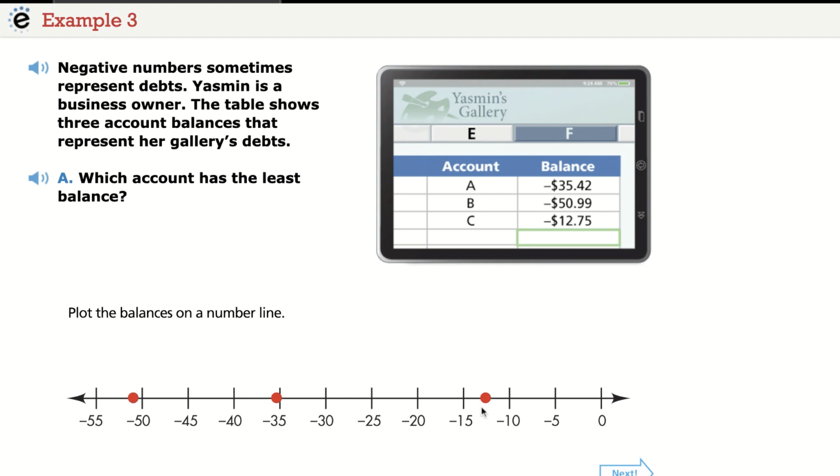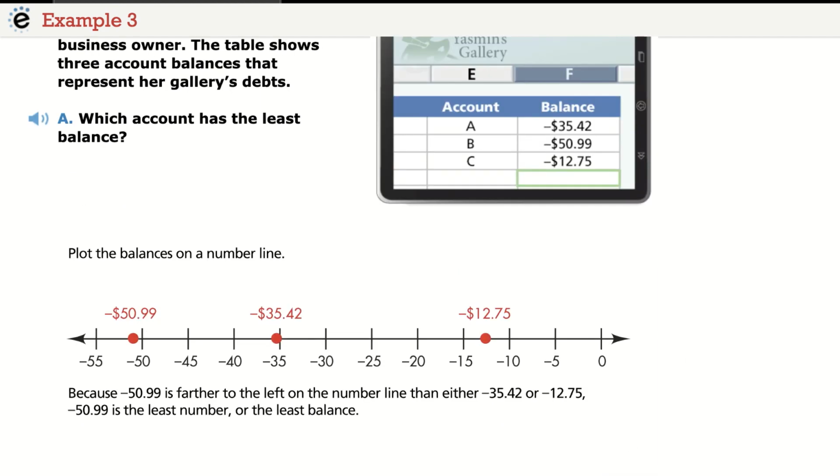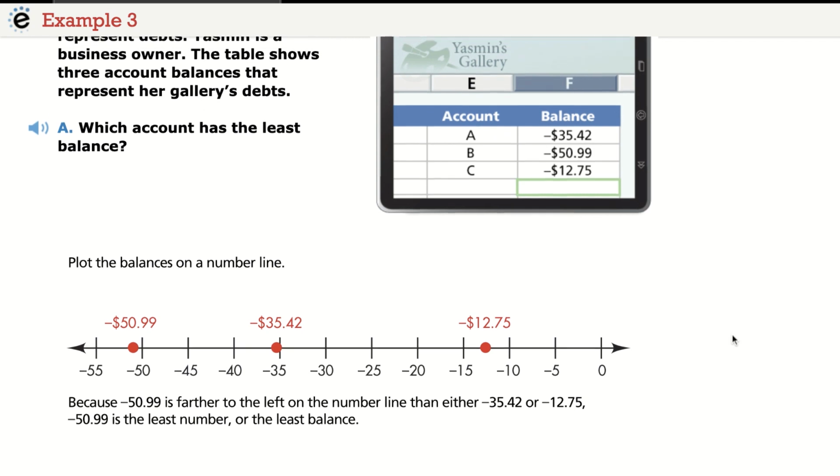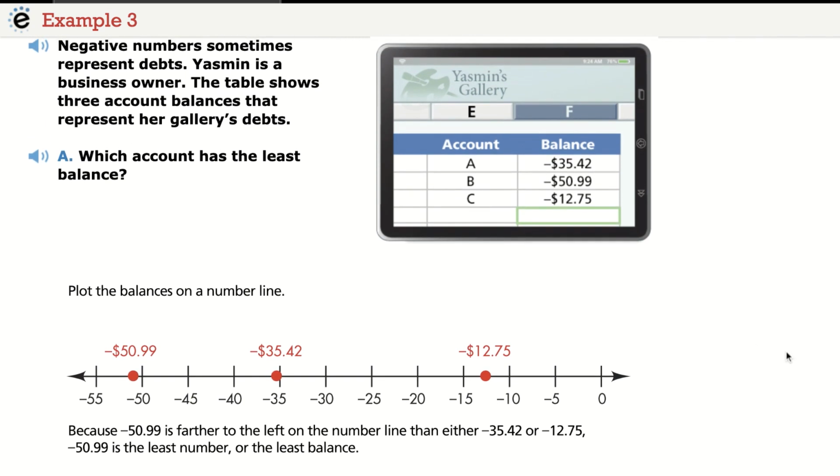And then C, negative 12.75 is between negative 10 and negative 15 here. Which account has the least balance? Left is less, so you're looking for the one that's all the way to the left. Because negative 50.99 is further to the left on the number line, that's the least number, which in this case represents the least balance.